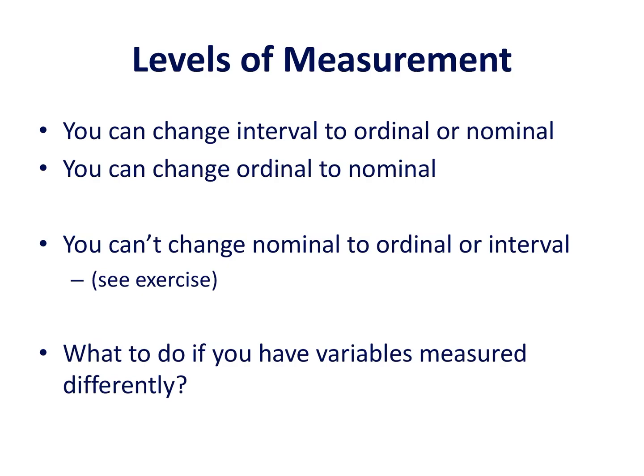So we measure temperature in Celsius, which would be interval because it's a standardized unit measurement. But let's also imagine that we also try to correlate that with levels of happiness that day that we measured on a scale from 1 to 10. That would be ordinal. Now that means we've got an ordinal variable and we've got an interval variable in the same study that we're trying to correlate.